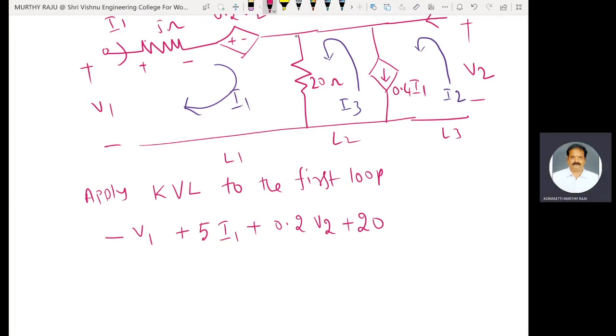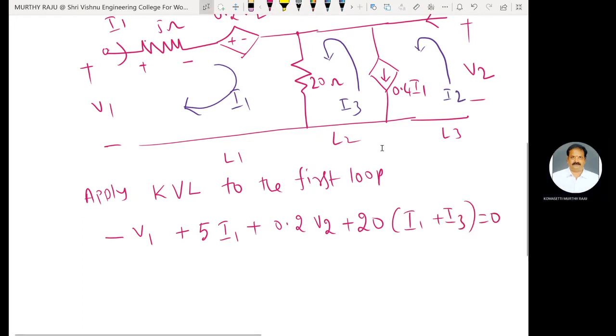20 into, this is the I1 here, I1 and I3, both currents are added and flow through this 20 ohm resistance. 20 into I1 plus I3 is equal to 0.